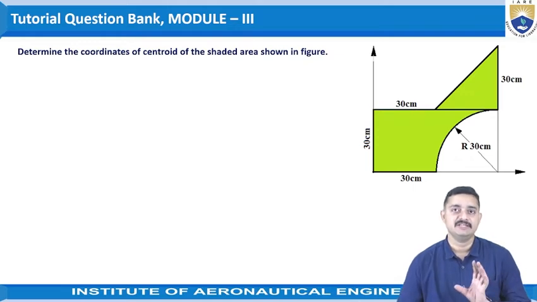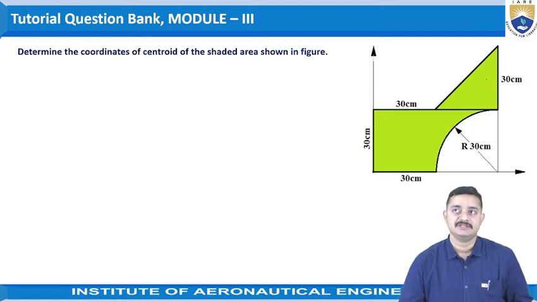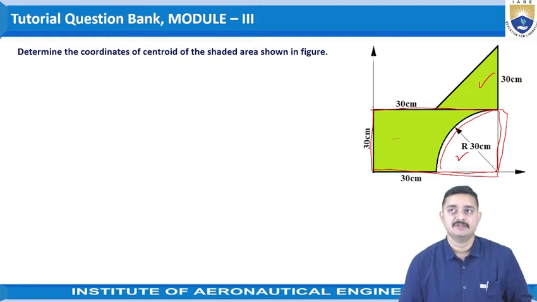So if you observe here carefully, we can see three different shapes. One of the shapes would be triangle, another shape would be the quadrant of the circle, and another shape would be this rectangle. So this would be the other shape, that is complete rectangle.